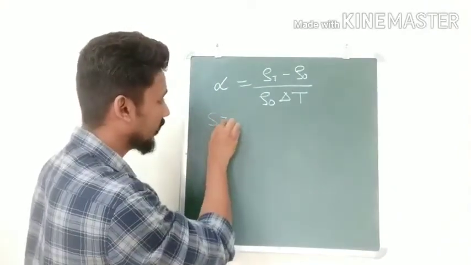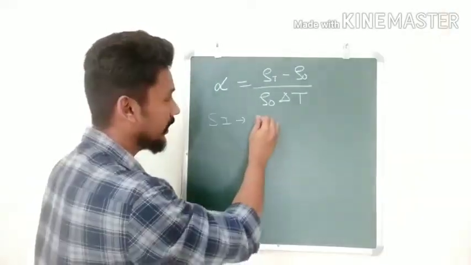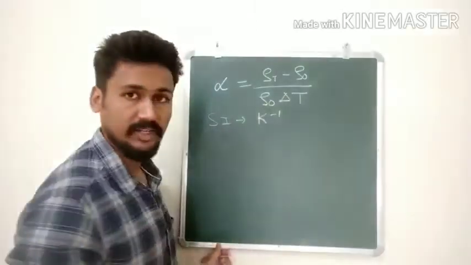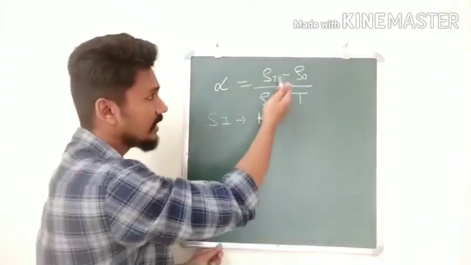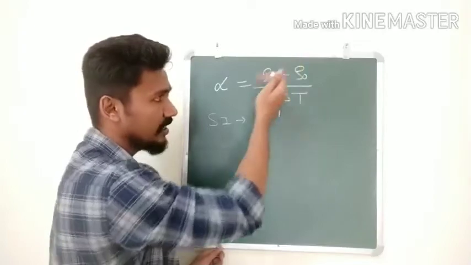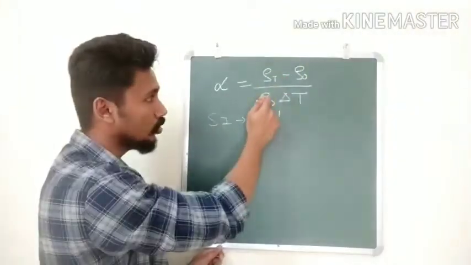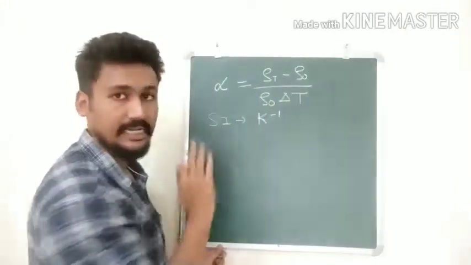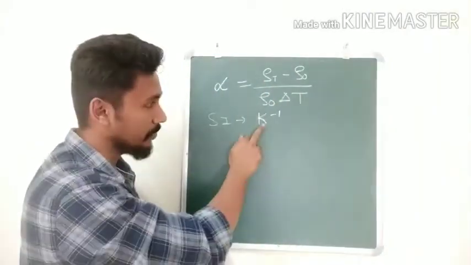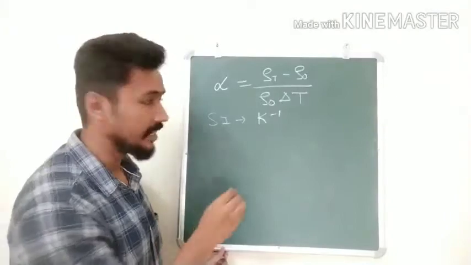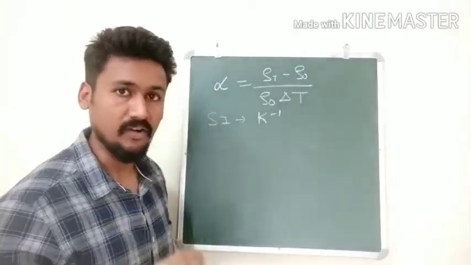The SI unit for alpha will be Kelvin inverse. Why Kelvin inverse? Rho T minus rho naught, this will have the SI unit of resistivity divided by resistivity, so no unit. Okay, so 1 by delta T, that will be the unit, so 1 by Kelvin. Okay, so per Kelvin, that is the SI unit for alpha.